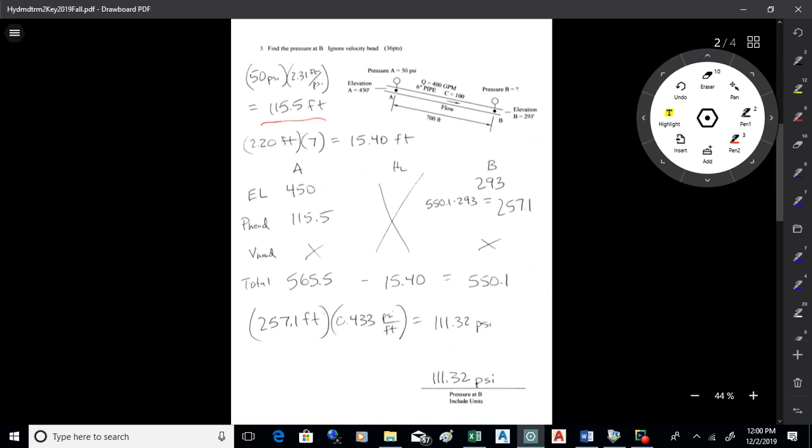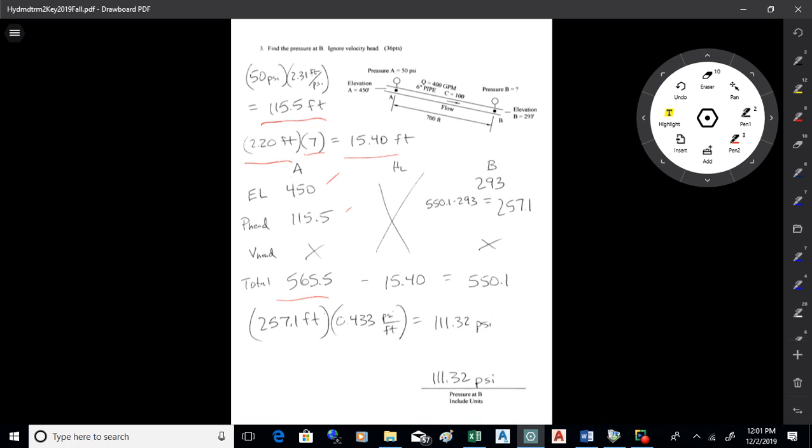All right, the next one there, you want to find the pressure head for 50 psi. It's 115.5 feet. Find the head loss, 400 gallons per minute, 700 feet of 6-inch pipe C100, 2.2 times 7, because there's 700 feet, it's 15.4. So you got 450 feet elevation, you've got 115.5 feet of pressure head, and add them up, you get the total amount of energy.